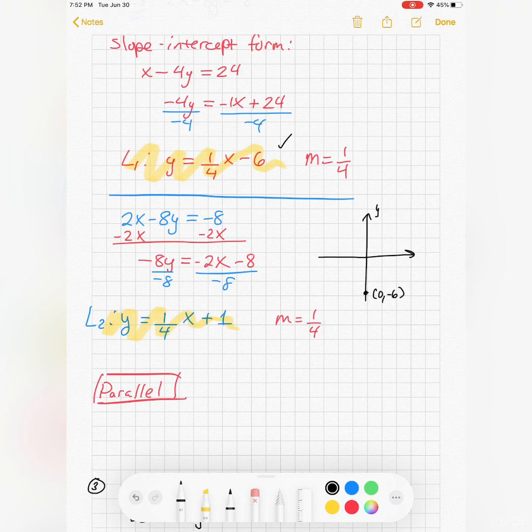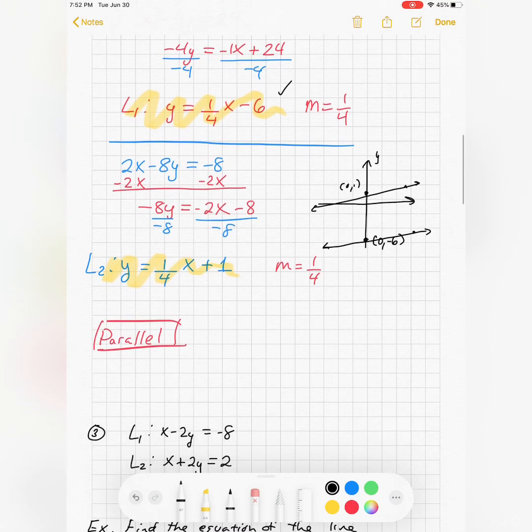The slope is up 1, right 4, so something like that. I'm being really rough with this one. And then the second line, the y-intercept is 1. The slope is up 1, right 4, so something like that, just to see that those are indeed parallel. But I didn't do a nice graph for that one.